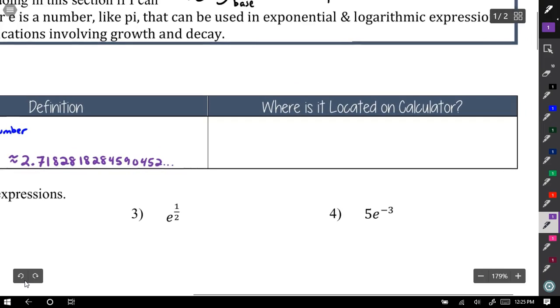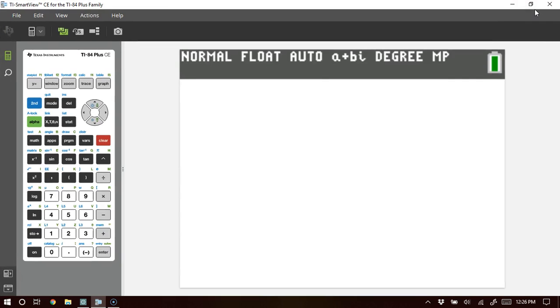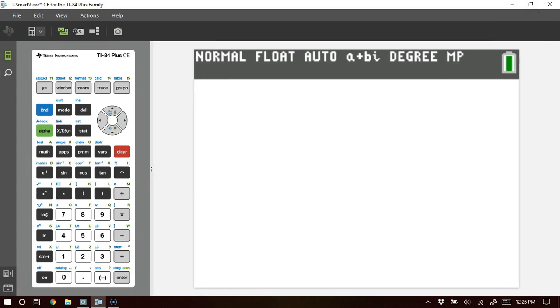Now, where is it located on our calculator? We pull up our calculator. We saw before that log is located right next to 7. Right below it, you see ln. And above the ln in blue is e to the x. So if I hit second ln, that is going to put e to a power on my calculator.